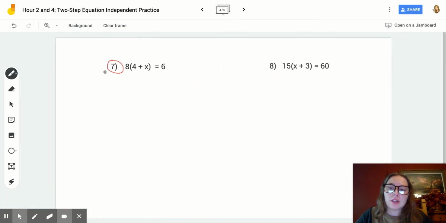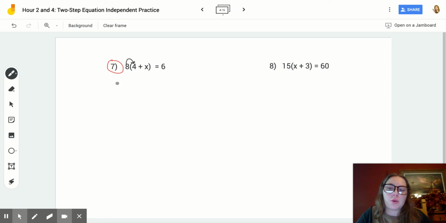All right, so lastly, number 7 was another multi-step one. So number 7 is a distributing equation. So we have an 8, and then we have 4 plus x on the inside of parentheses. So whenever you see this, you know that we are distributing. We are using that distributive property. So we start first, before we do any of the two-step equation work, we want to distribute that 8 to the 4.